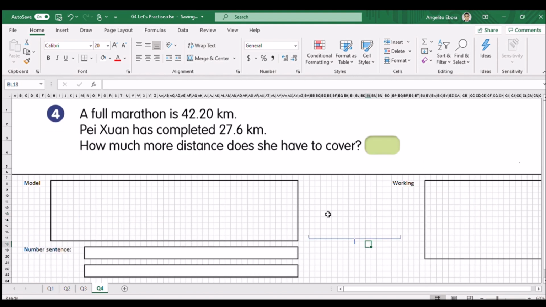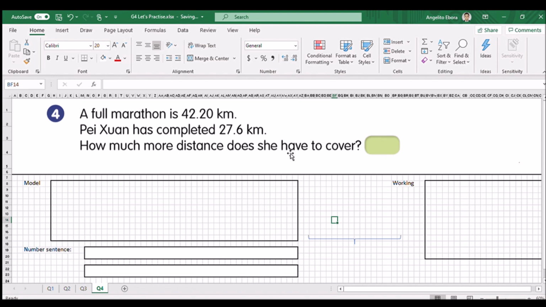Question number 4. A full marathon is 42.20 kilometers or 42.2 kilometers. Page 1 has completed 27.6 kilometers. How much more distance does she have to cover?